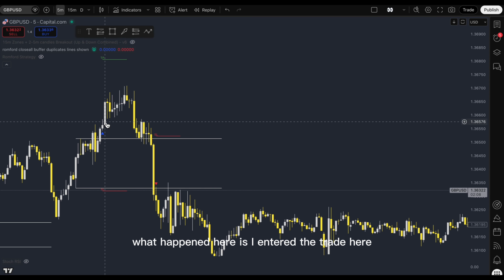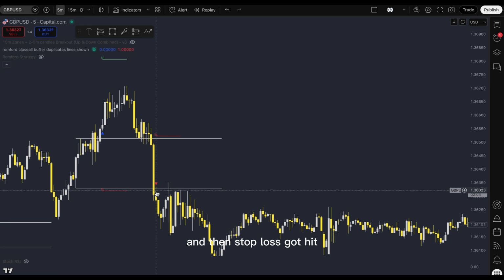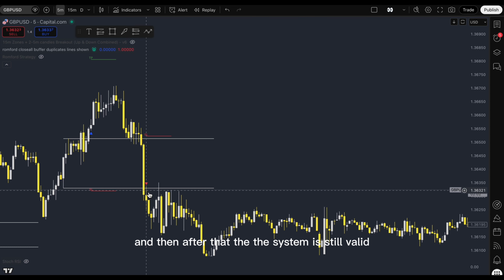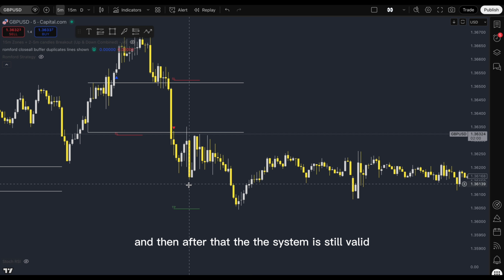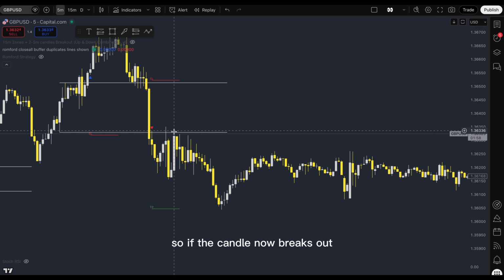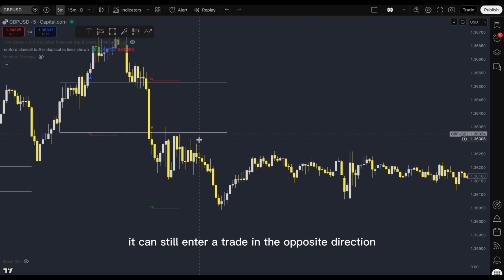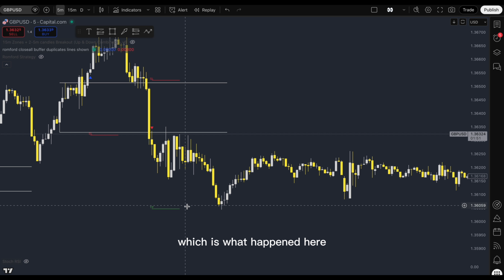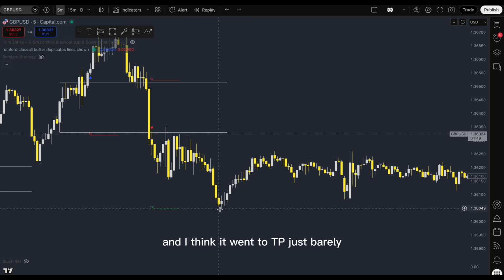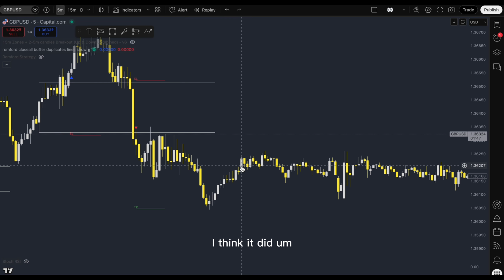So basically what happened here is I entered the trade here, and then stop loss got hit, and then after that the system is still valid. So if the candle now breaks out on the other side of the zone, it's still valid. It can still enter a trade in the opposite direction, which is what happened here, and I think it went to TP just barely. I think it did.